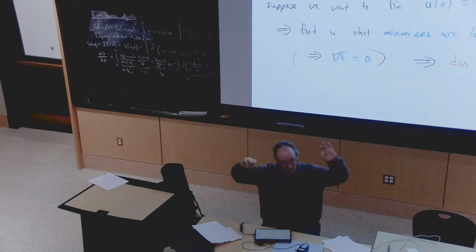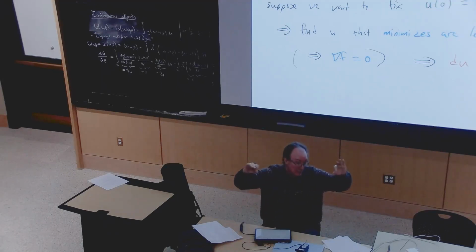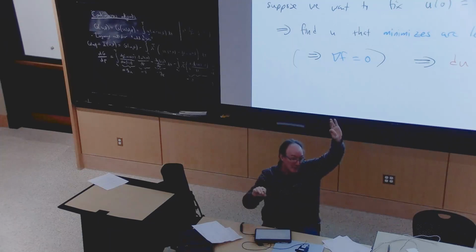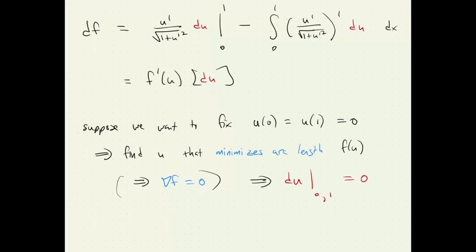Because if we start with our vector space of u's that are 0 at the endpoints, we want to look at not all possible perturbations, but perturbations that keep those ends fixed. Even if I kept the ends fixed at some other point, I'd still want to look at the perturbations that keep the ends fixed, so that the u is 0 at the ends. So this keeps the endpoints fixed.